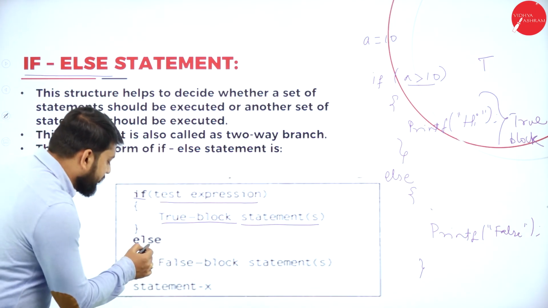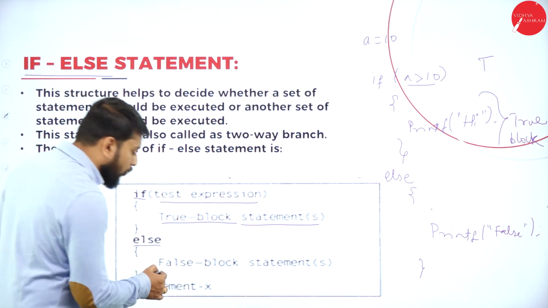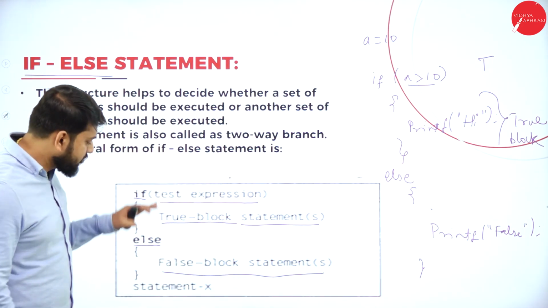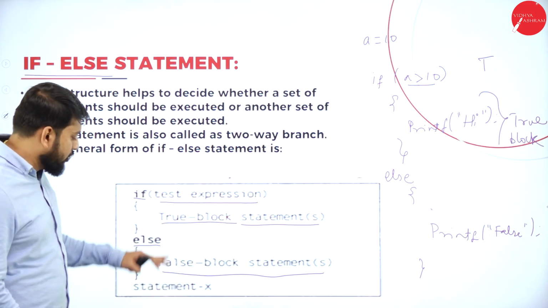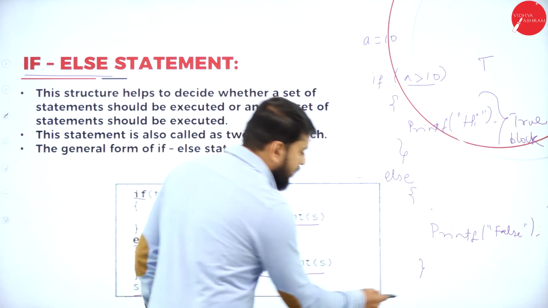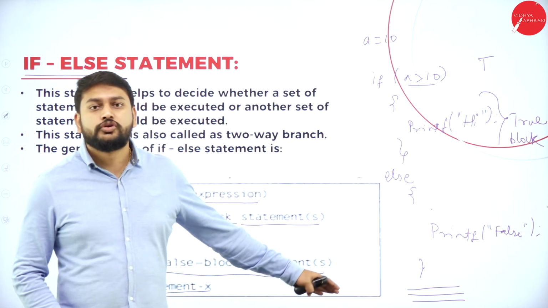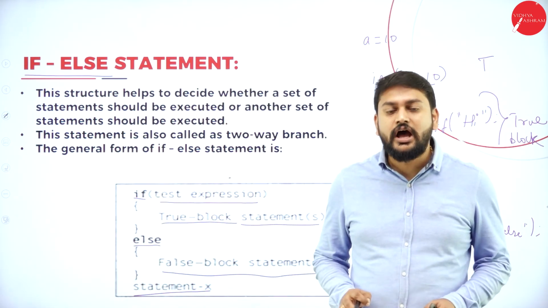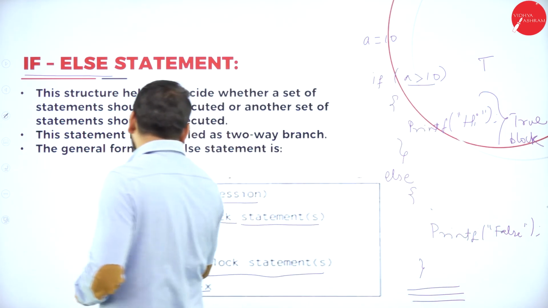After that, I have the else block. What will you have in the else block? The false block of statements, for when the condition fails. Once I'm done with this, I will have the statement X. The normal program starts here, so the rest of the program goes here and you can keep executing it.